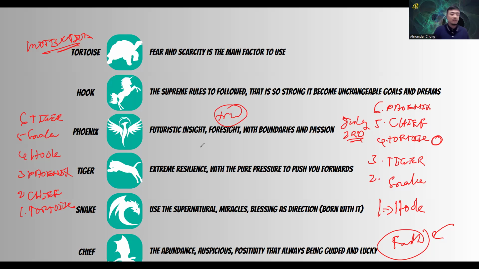Okay? Or some of you are 9 heaven and chief, right? The achievement based on yourself. You always know something is going to happen. If you get Phoenix, this will be very good.